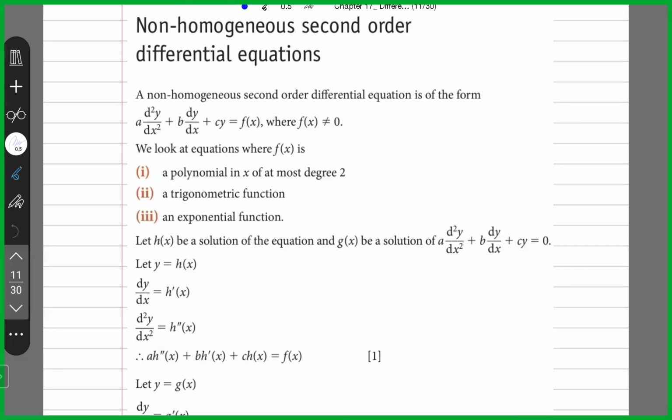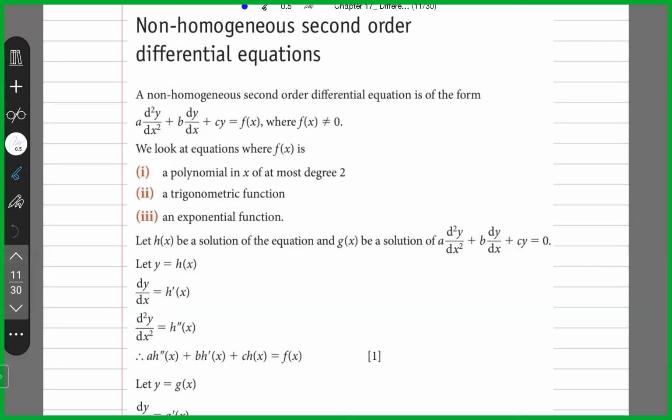All right, so now we're moving on to the non-homogeneous second order differential equation. A non-homogeneous second order differential equation is of the form a d2y by dx squared plus b dy by dx plus cy is equal to f of x, where f of x is not 0.